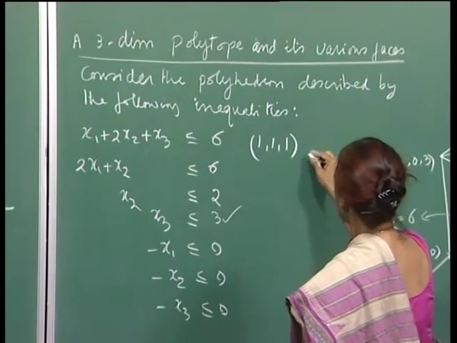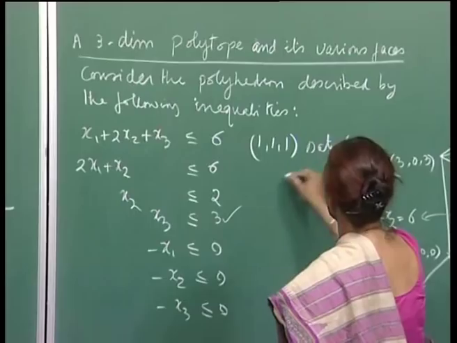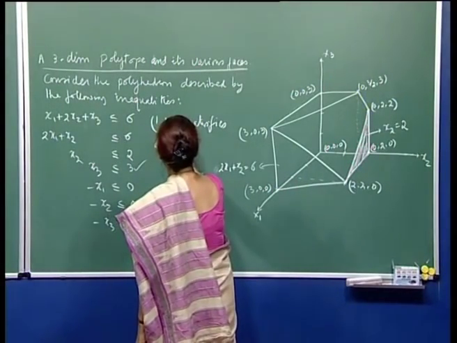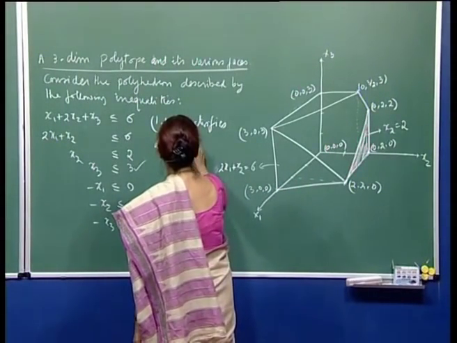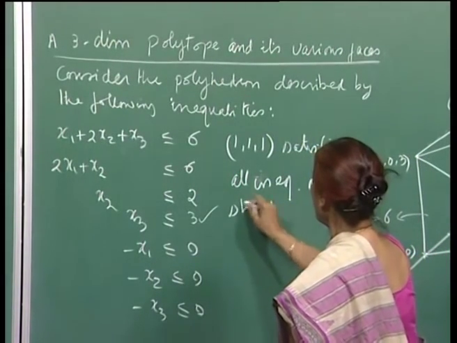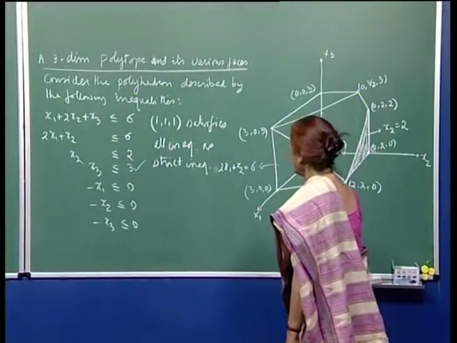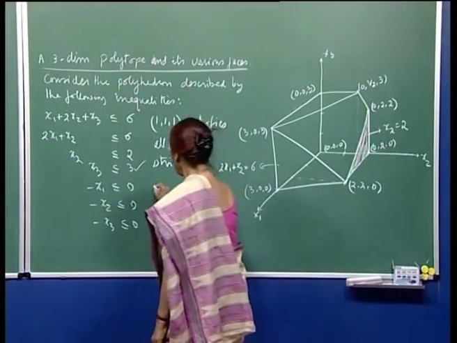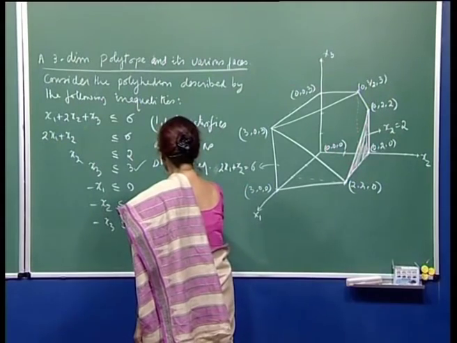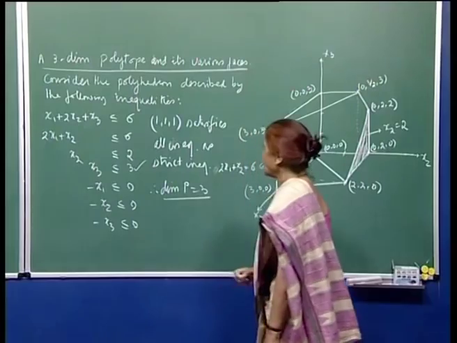So this satisfies all inequalities as strict inequalities, right? And therefore, the dimension of P is 3, because now P has an interior.